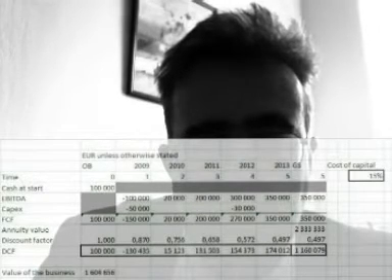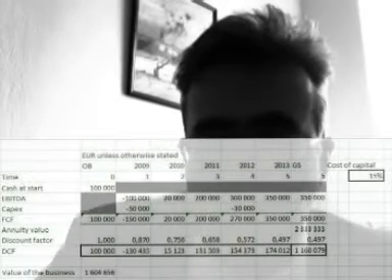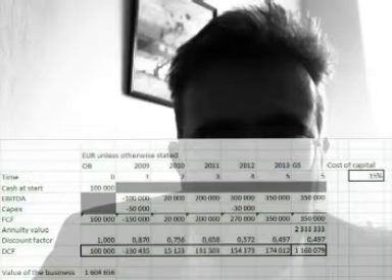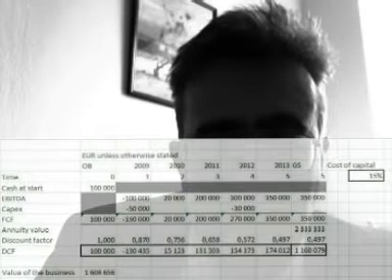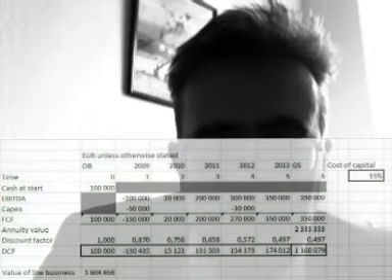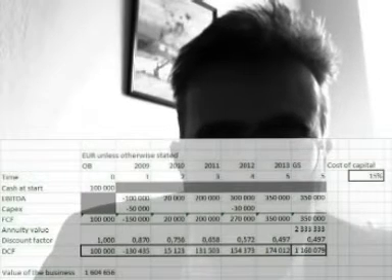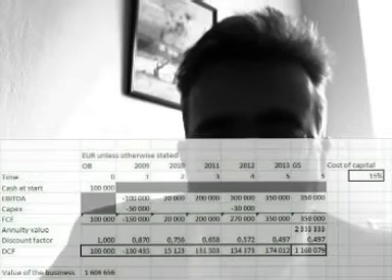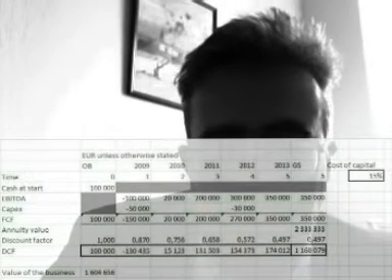But first let me do this. Actually, let's do it slightly differently. Let's take the FCF line, apply that, then divide it by the cost of capital from K4.